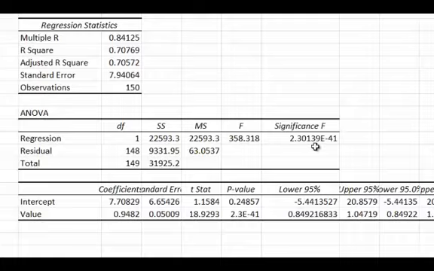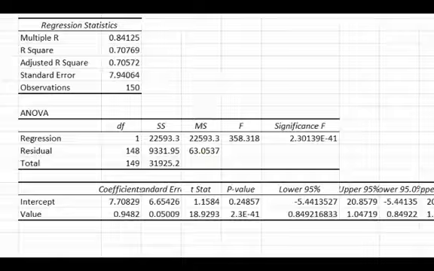So that's 0 point, and then 41 zeros, and then 2.3. As you can see, it's a very, very small number, much less than a standard significance of 5%. So this would tell us clearly that at least one of our explanatory variables has some explaining power. And of course, we only have one explanatory variable in this example.